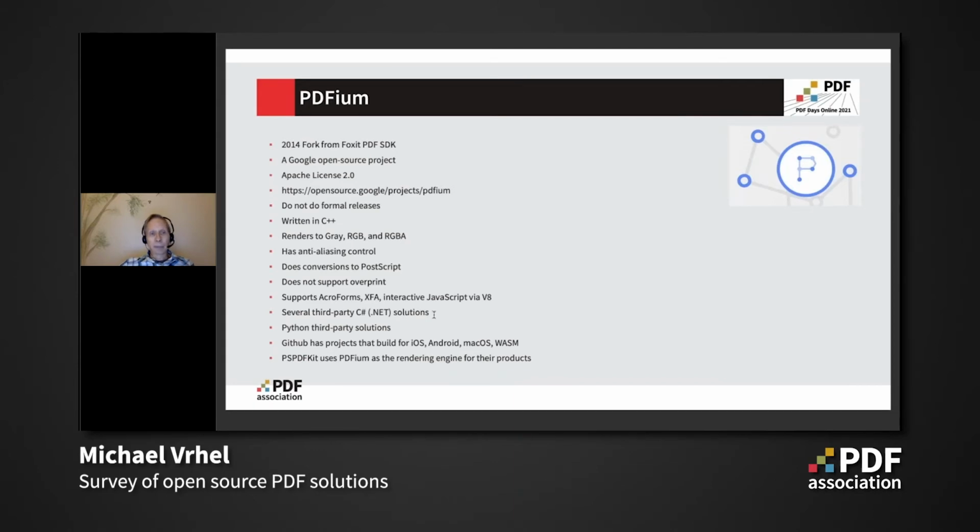There's several third-party C# and Python solutions out there, and if you go on GitHub, there's projects out there that make use of this to build on iOS, Android, macOS, and WASM. And from my understanding, PSPDFKit uses PDFium as their rendering engine in their products.